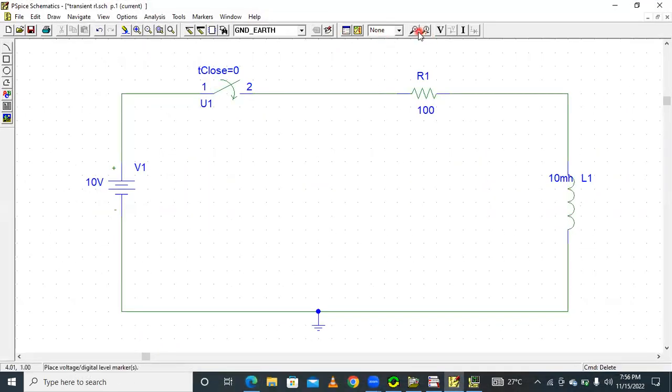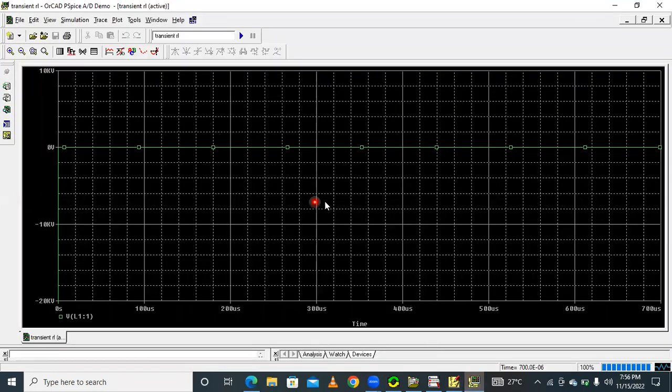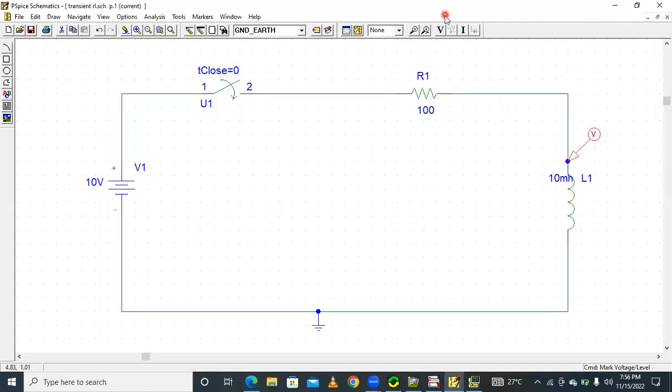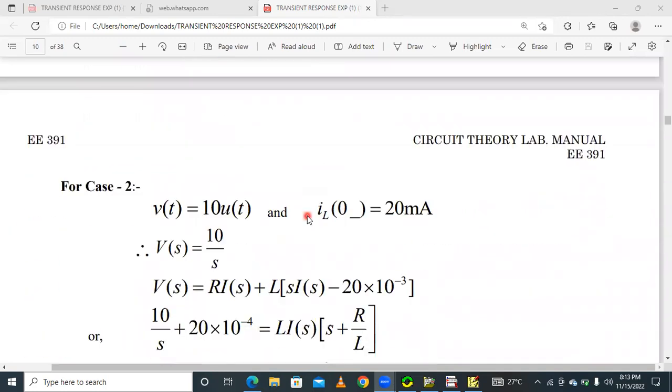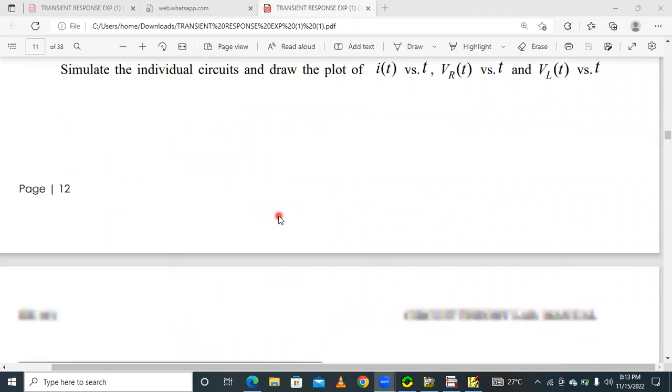To see the voltage across the inductor, take one voltage marker, place it here, and simulate. The voltage across the inductor decreases this way.